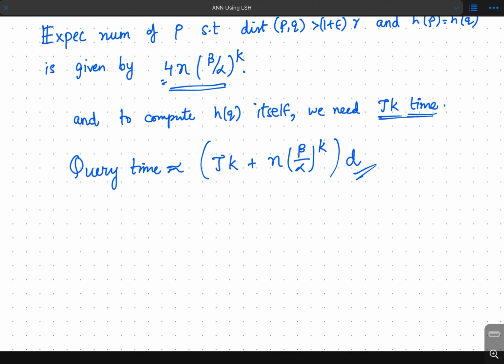Now we want to choose k. We already chose tau in terms of k, but we want to get further conditions by minimizing this quantity.